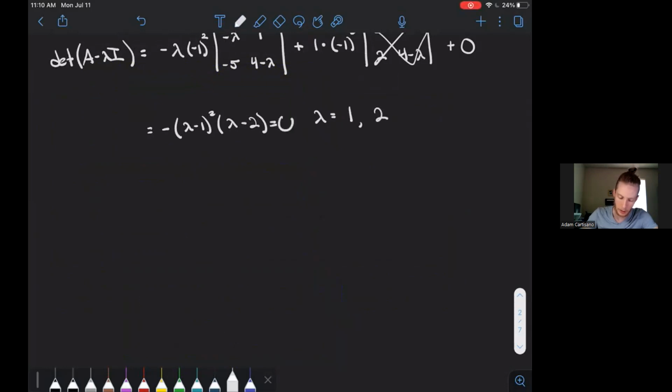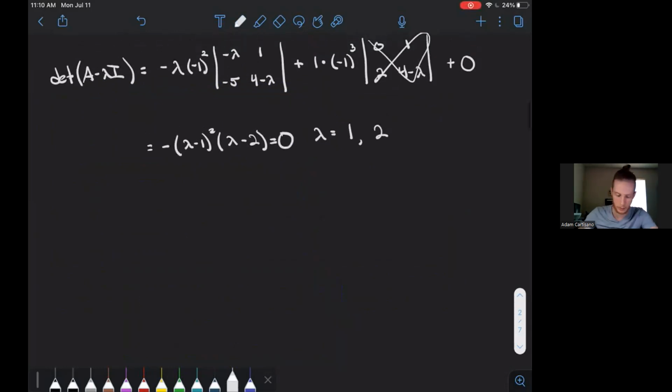If we set this equal to 0. If we set the characteristic, I guess that was step 2. Set the characteristic polynomial equal to 0 and solve for lambda. Well, we got lambda equals 1 and lambda equals 2. So now we need to compute the eigenspaces E1 and E2.